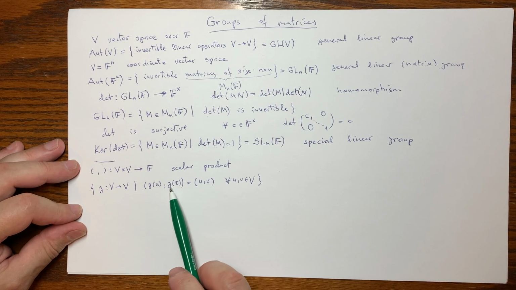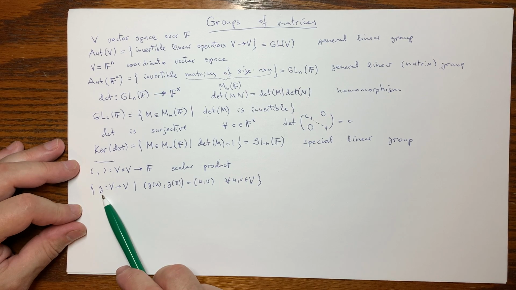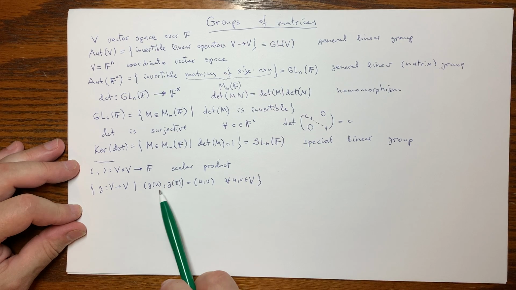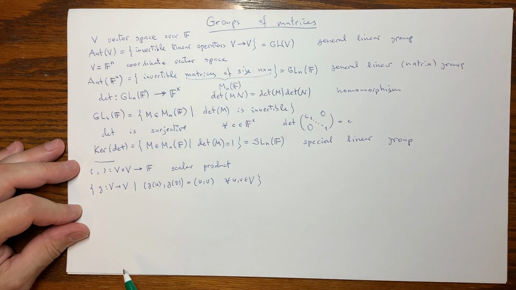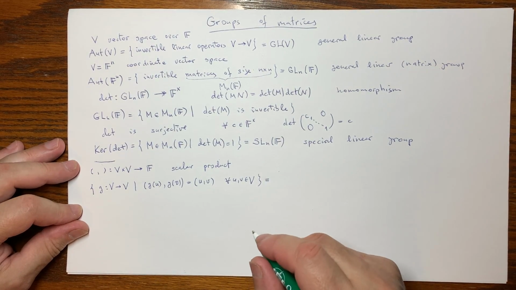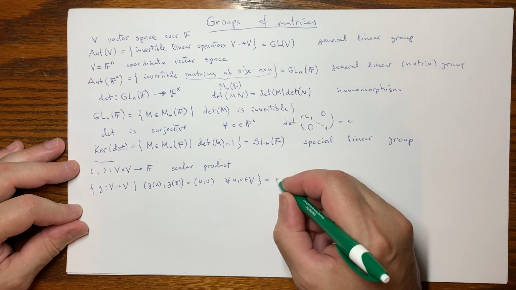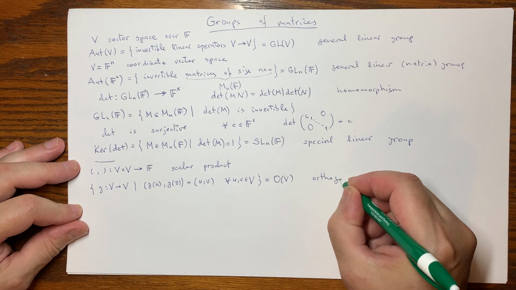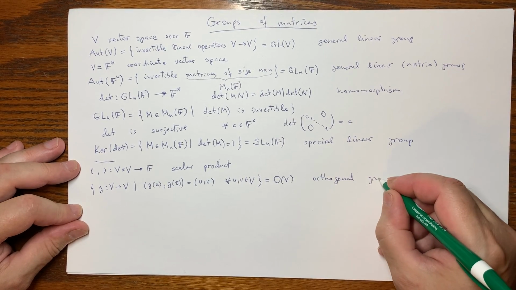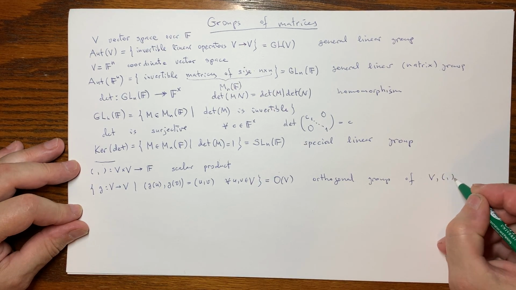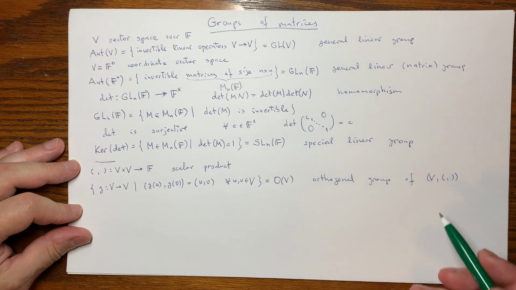So that would be the scalar product of vectors which are moved with the operator g, and the result of this move, the scalar product, will be the same as before the move. The collection of all such, again, will form a group, a subgroup of the general linear group, and the usual name for this is the orthogonal group. To define it, we use a vector space and this scalar product, so it is the orthogonal group of that pair.